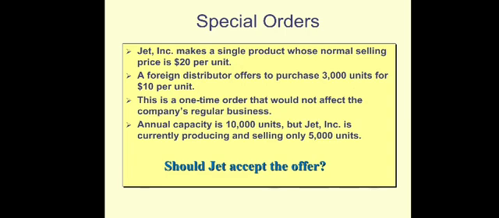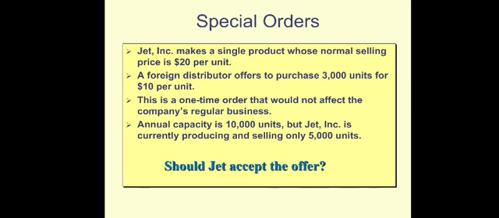This is a one-time order or special order that will not affect the company's regular business. Annual capacity is 10,000 units, but Jet Incorporated is currently producing and selling 5,000 units only. So the decision that you have to make is to accept or not to accept the special order.